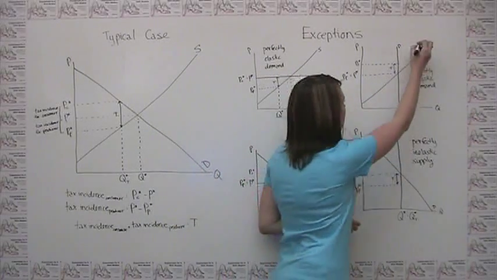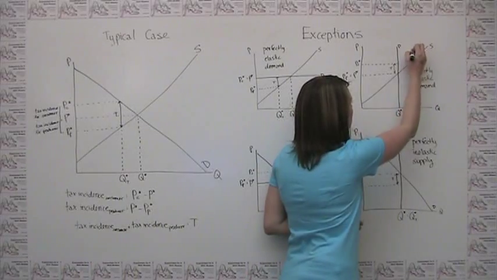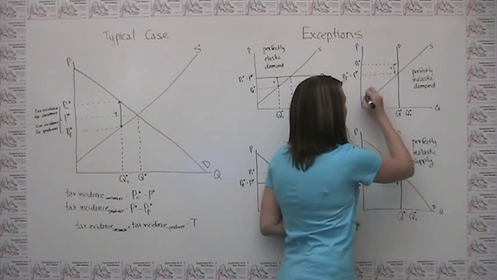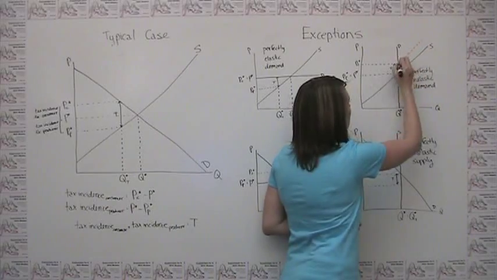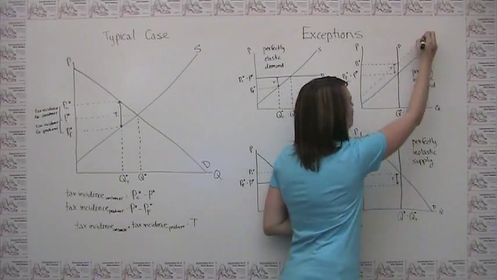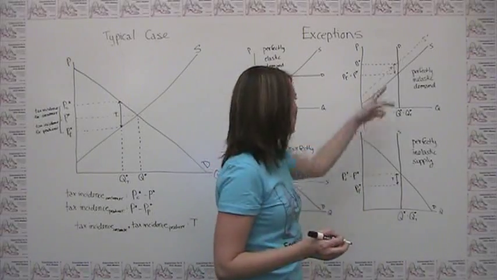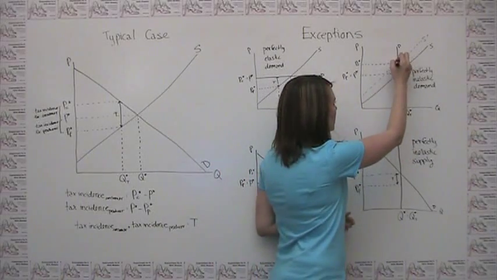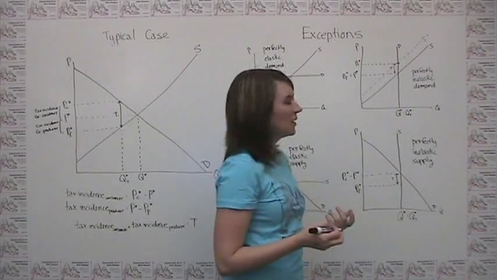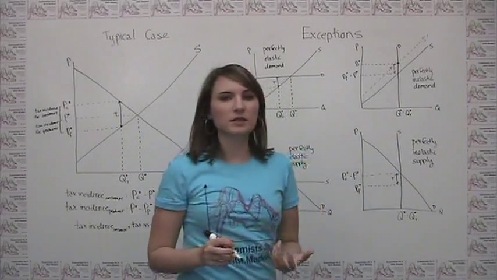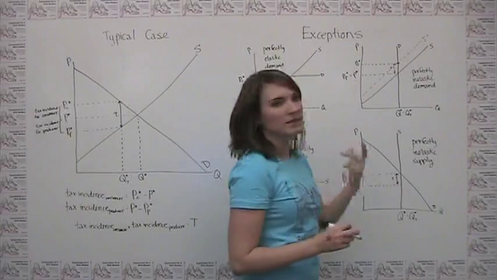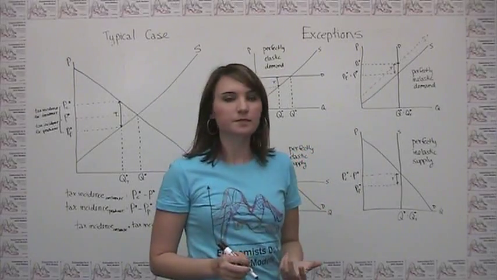We say, well, if we put the tax on producers, we get an effective supply curve that goes something like this. So it becomes more clear then that our new equilibrium would be at this point here. And we can use that information to show where the new prices should be.